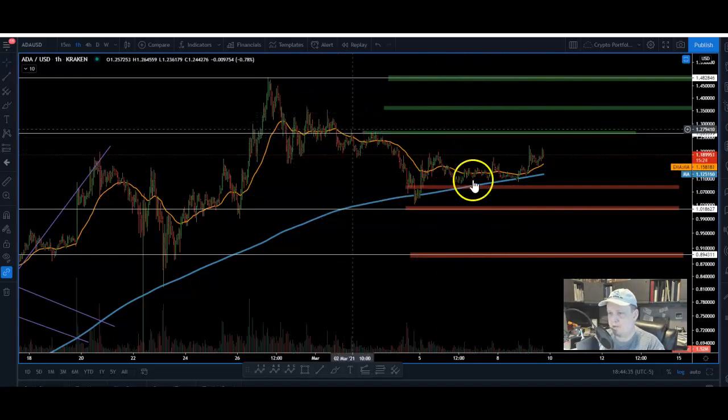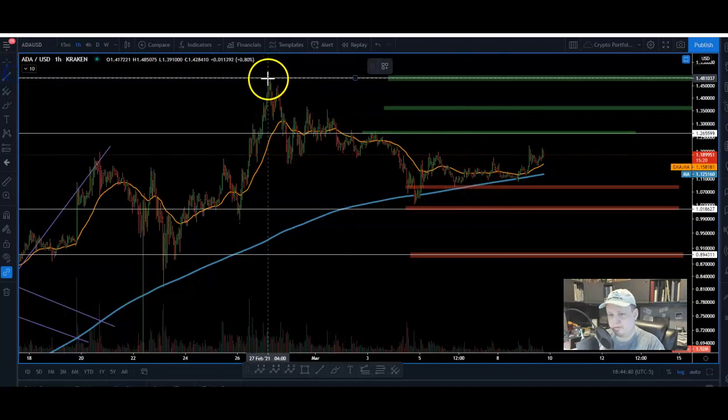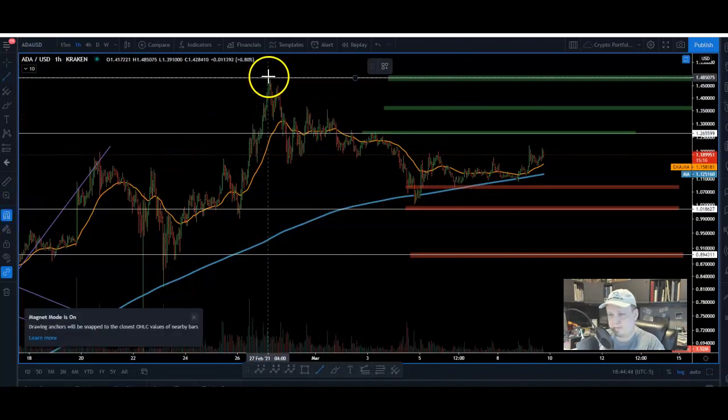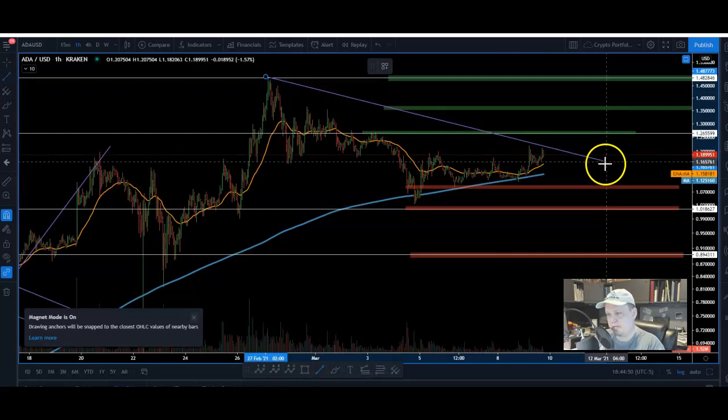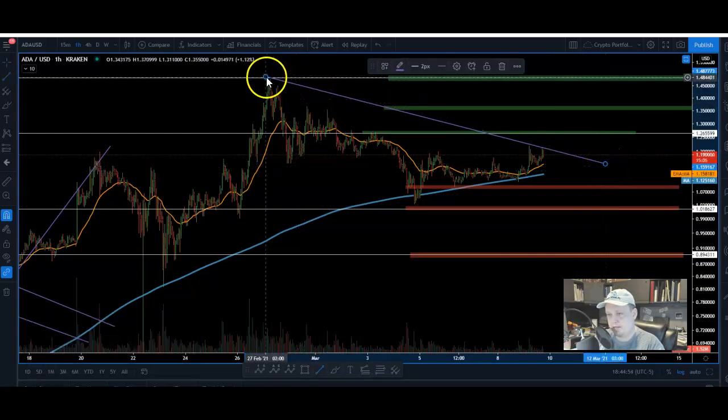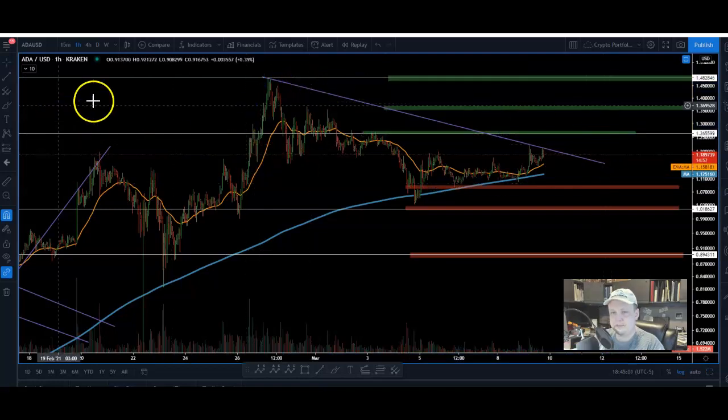But right now, the fact that it didn't do anything with the previous pattern we had, we just got to sit back and continue to look at this and see where more patterns form. You don't want to force a pattern, but you could draw a trend line on multiple points to see what's going on here on the top side and see what happens there.